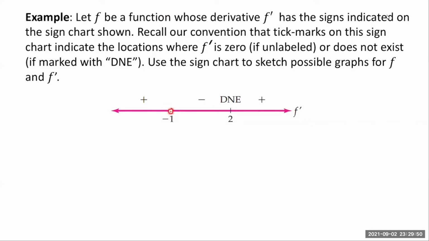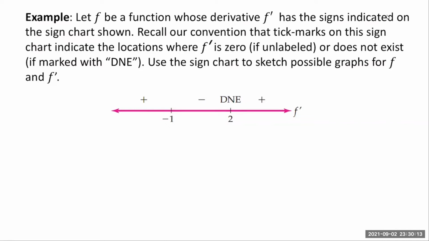If the derivative does not exist, on top of that number you write DNE, meaning does not exist. In other words, your derivative at x is equal to 2 does not exist. Here, the derivative at x is equal to -1 is equal to 0.